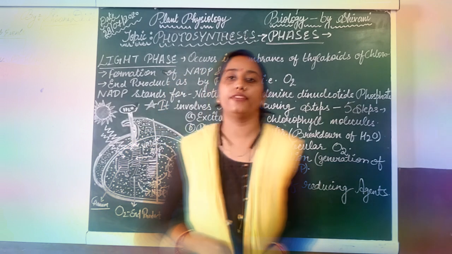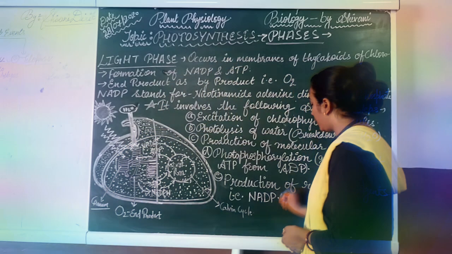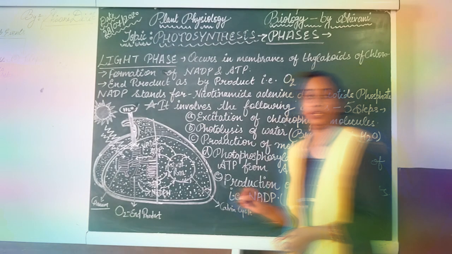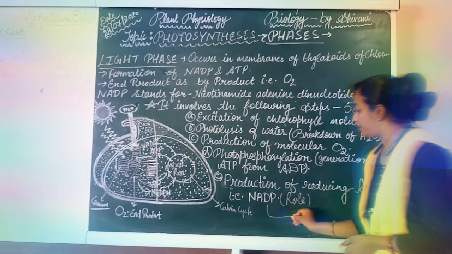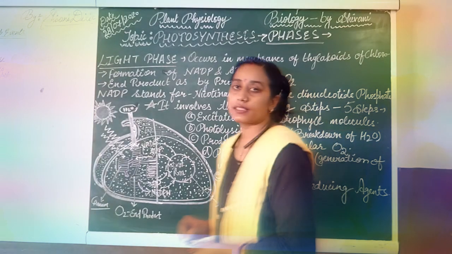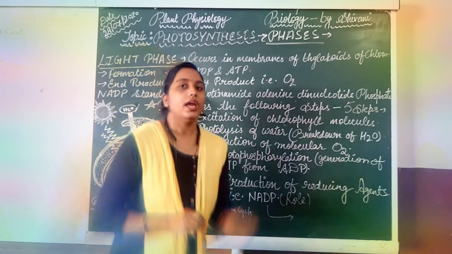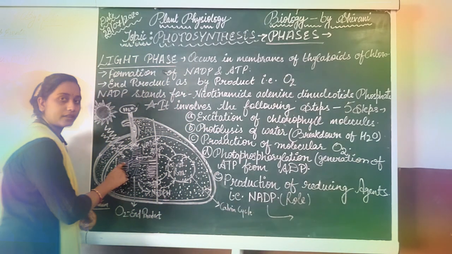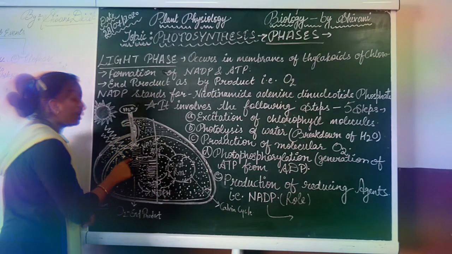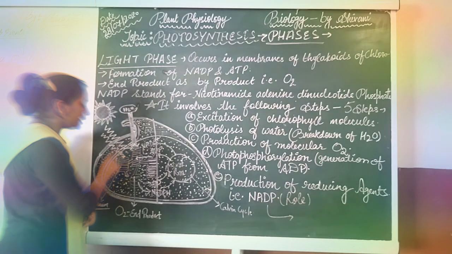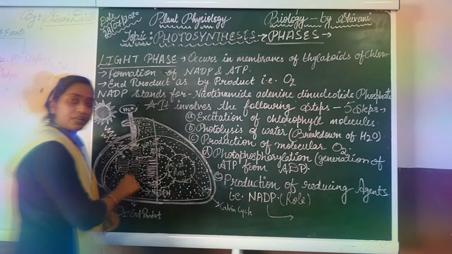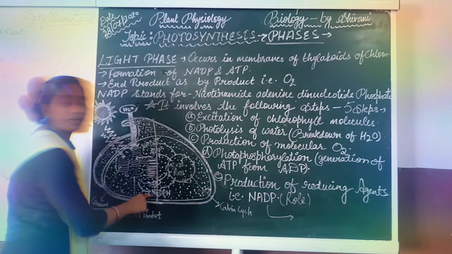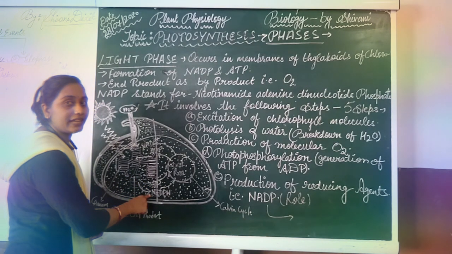Here I would like to explain the role of ATP and NADP. NADP plays an important role as the carrier of hydrogen. Due to the sunlight trapped by the thylakoid and the water molecule absorbed by the thylakoid, these are converted into energy in the form of ATP, and there is another reducing agent, that is NADP.